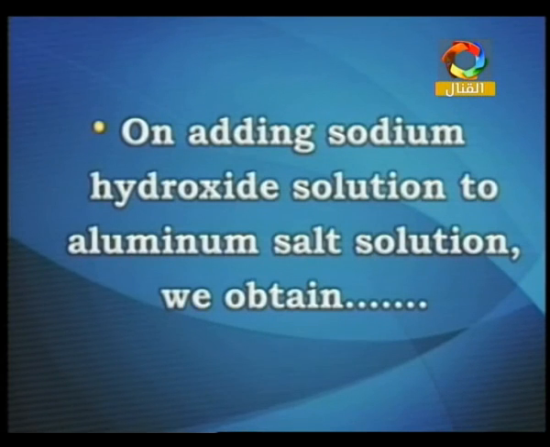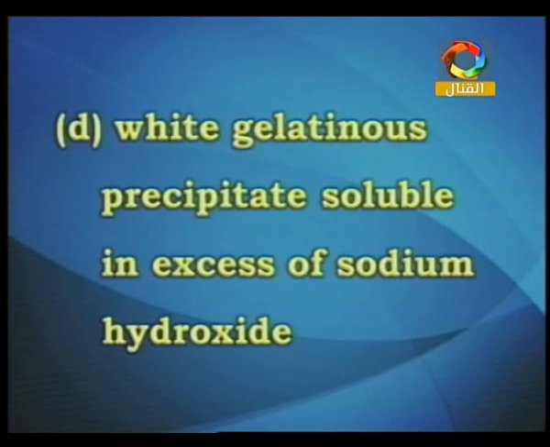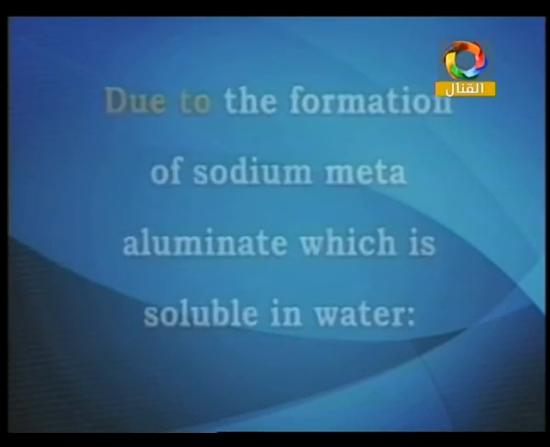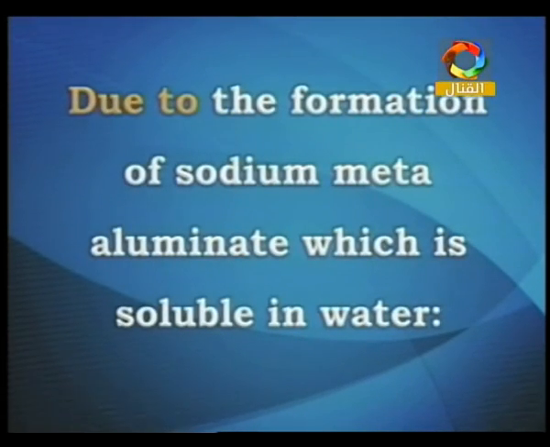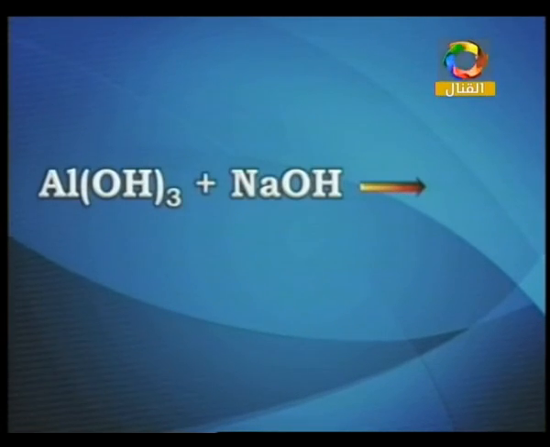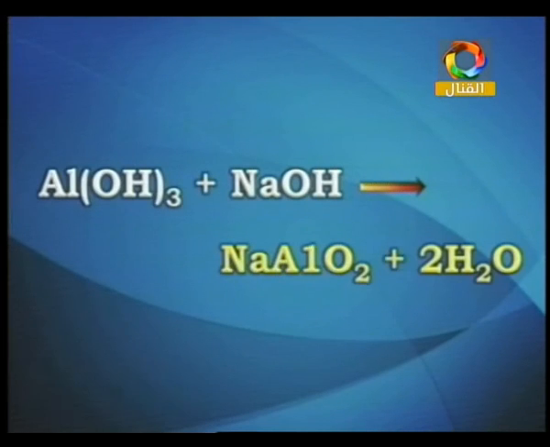Yes, the answer here, my dear student, is white gelatinous precipitate soluble in excess of sodium hydroxide, due to the formation of sodium metaaluminate, which is soluble in water. As the equation proceeds on the screen, Al(OH)3 plus NaOH gives sodium metaaluminate NaAlO2 plus 2H2O.